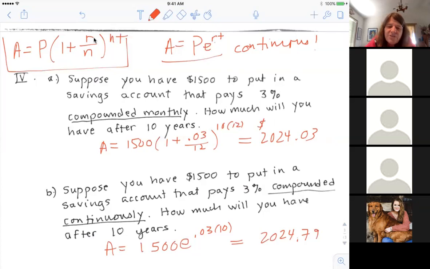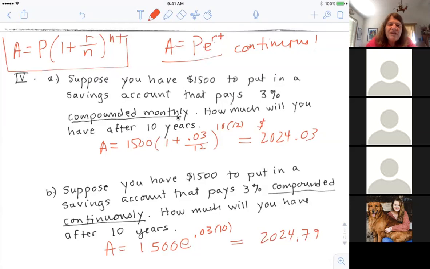When it's 3%, write 0.03. Okay, N stands for the number of compoundings per year. T stands for the years. So first problem, suppose you have $1,500 to put in a savings account that pays 3% compounded monthly. How much will you have after 10 years?